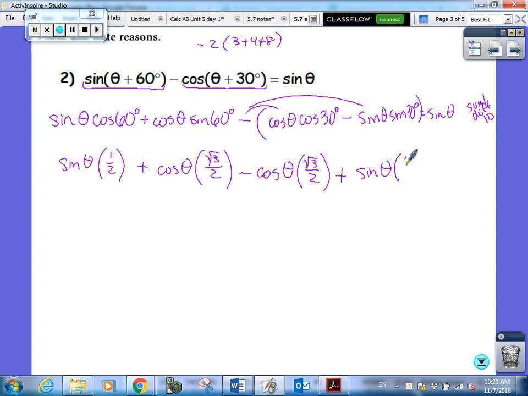Sine theta times 1/2 equals sine theta, and I evaluated, and I distributed. I did two things. I distributed that negative, and I evaluated. So I need to write both of those things that I did. Multiplied, you multiplied by -1, that would be okay.